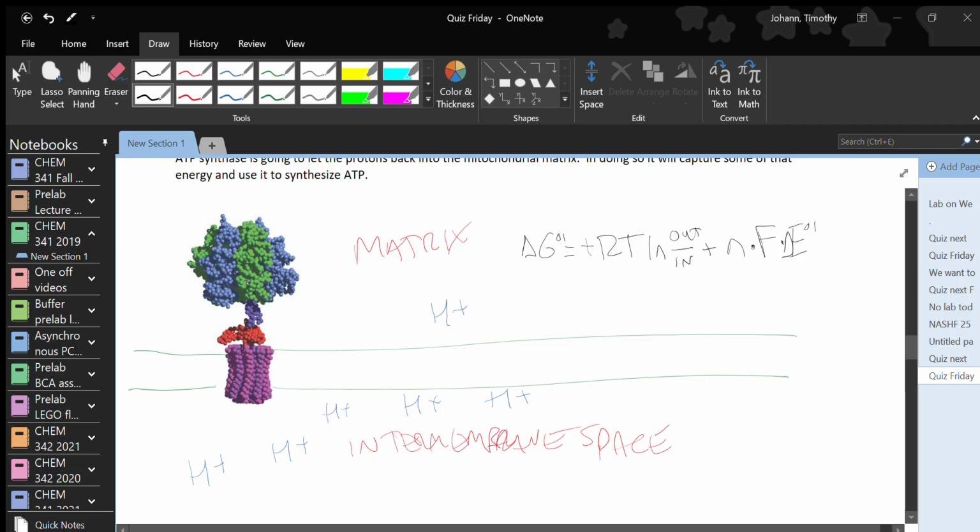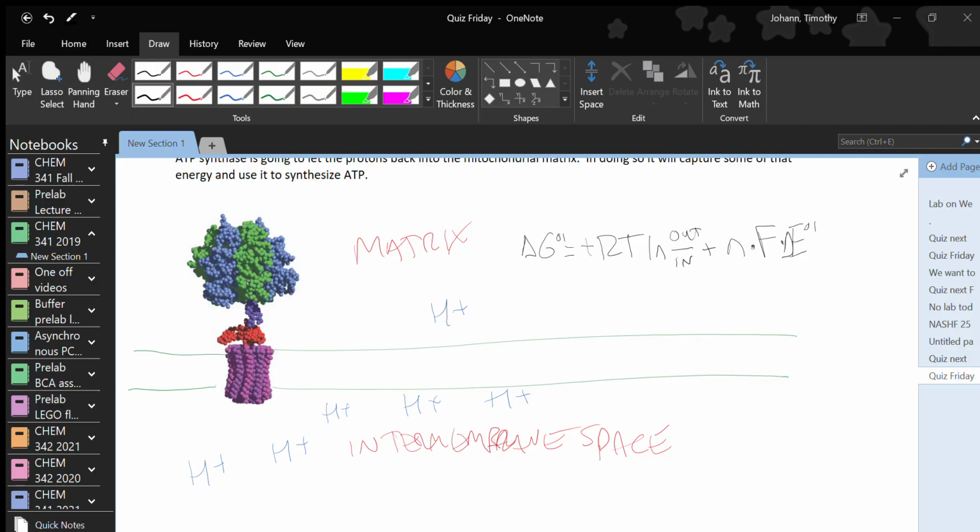Okay, so there's a potential across this membrane caused by a difference in charge, and then there's also for protons. That difference in charge could be protons, it could be sodiums, it could be potassiums, it could be lots of stuff, right? There are lots of things that we could have differences across the membrane that could contribute to this charge bit, and then there's a chemical bit as well.